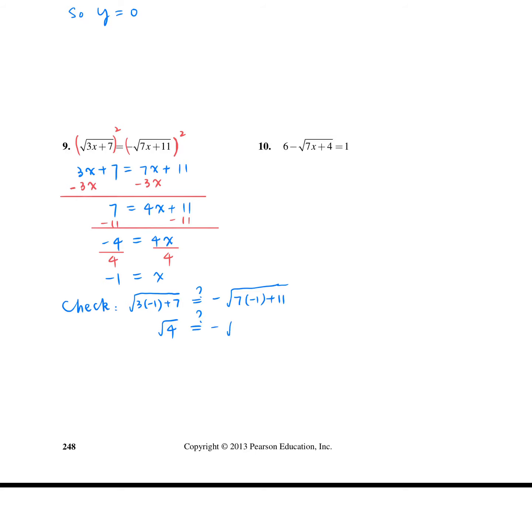On the right-hand side, if you simplify, it's also radical 4. However, they are not the same, right? Radical 4 is not the same as negative radical 4. If you're still not convinced, you could calculate, 2 is definitely not the same as negative 2, so it's false. And our conclusion is no solution again.